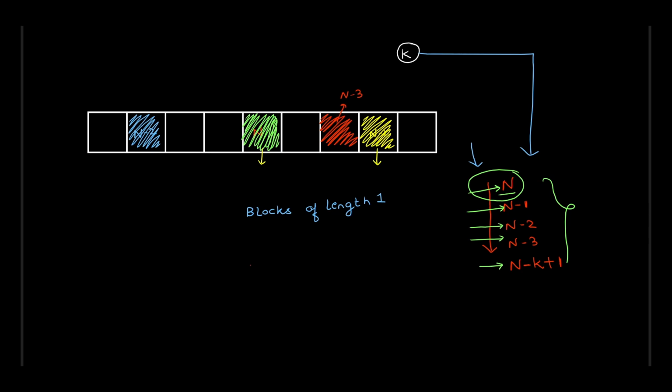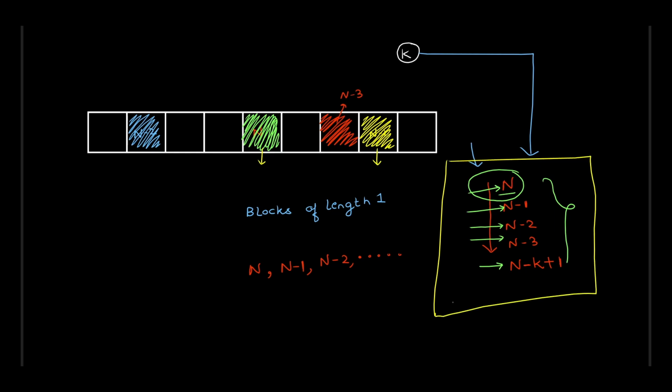That is, one of the blocks will contribute n, second will contribute n minus 1, then n minus 2, and so on. So this was the theoretical upper bound for the maximum sum, and you can see that you can actually achieve it by adding one element in one box.